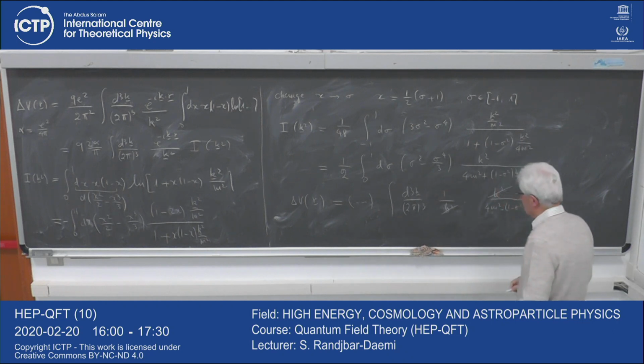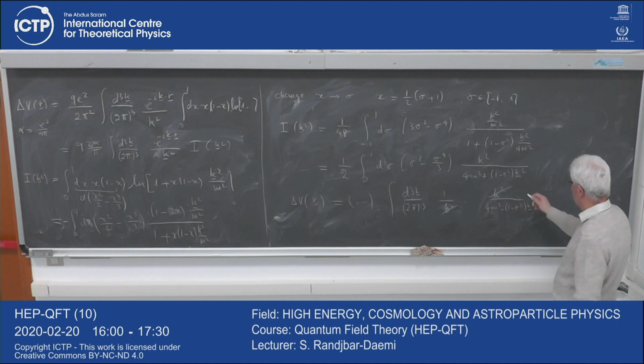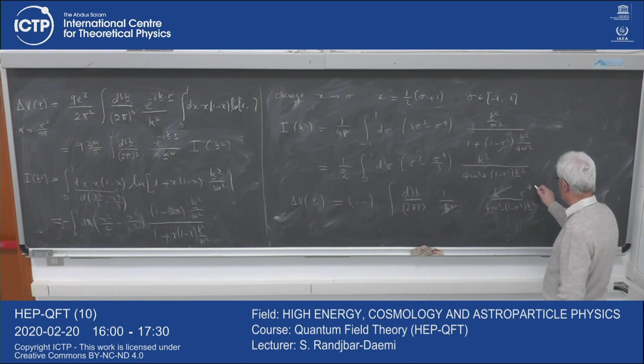This is plus, by the way. This cancels that. So the integral over k, there is also an expression of e to the i k dot R.